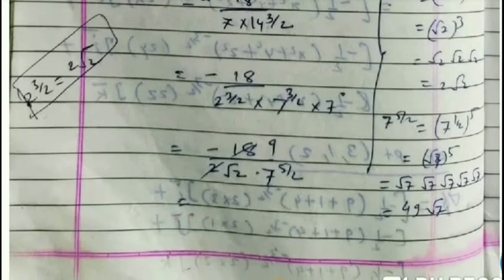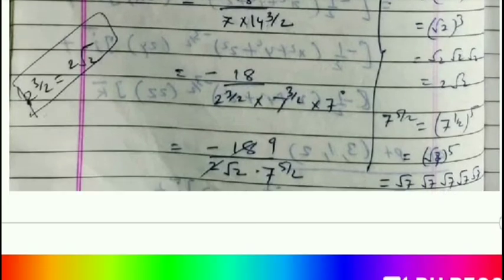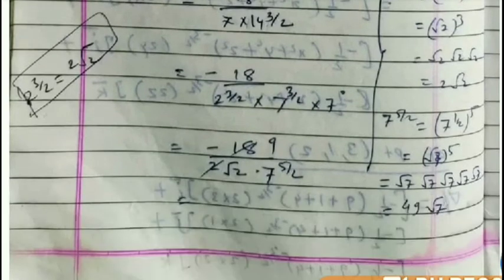Then what is the answer of 7 to the power 5 by 2? We can write 7 to the power 5 by 2 as 7 to the power 1 by 2, whole to the power 5. So 7 to the power 1 by 2 is root 7, to the power 5. We write root 7 five times.